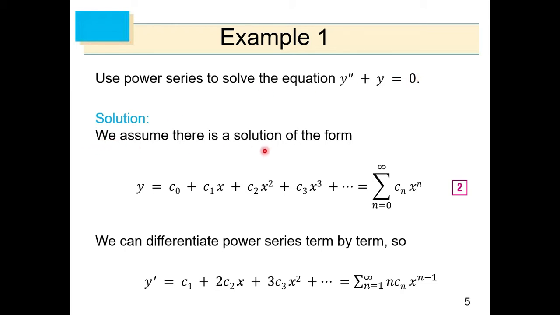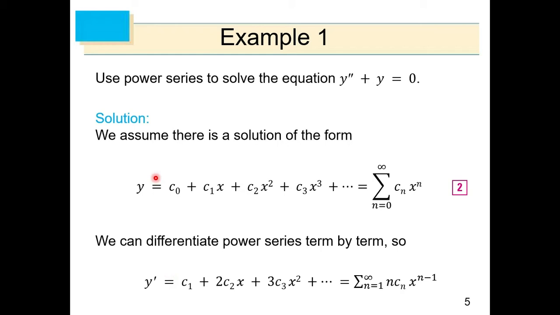We assume there is a solution of the form y is equal to the power series c0 plus c1x plus c2x square plus c3x cube plus up to infinity, which is equal to the summation from n is equal to 0 to infinity of cn x raised to n. Now differentiate the power series term by term.